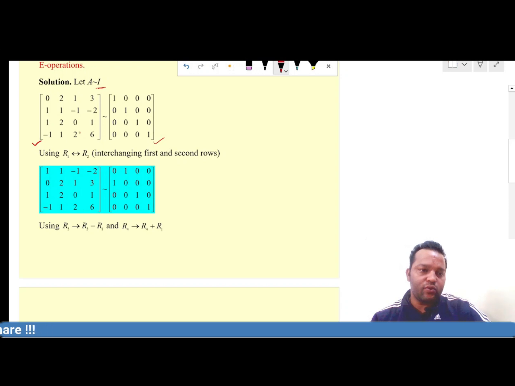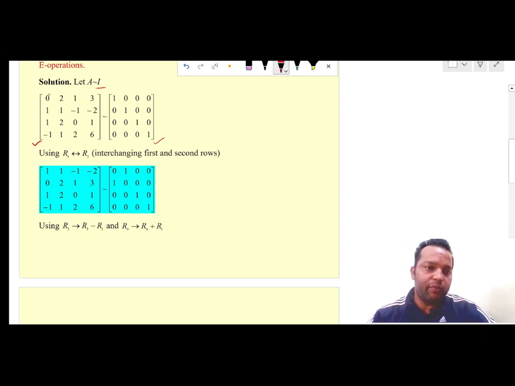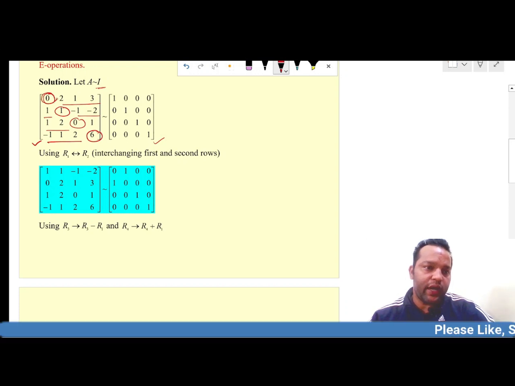That is, all the diagonal entries must be 1 and all the non-diagonal entries must be 0. These objectives can be achieved with elementary row transformations only.